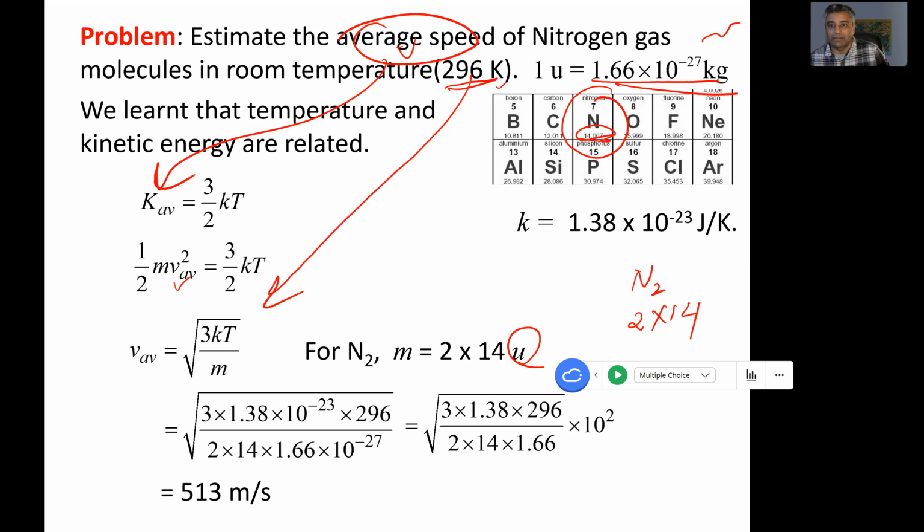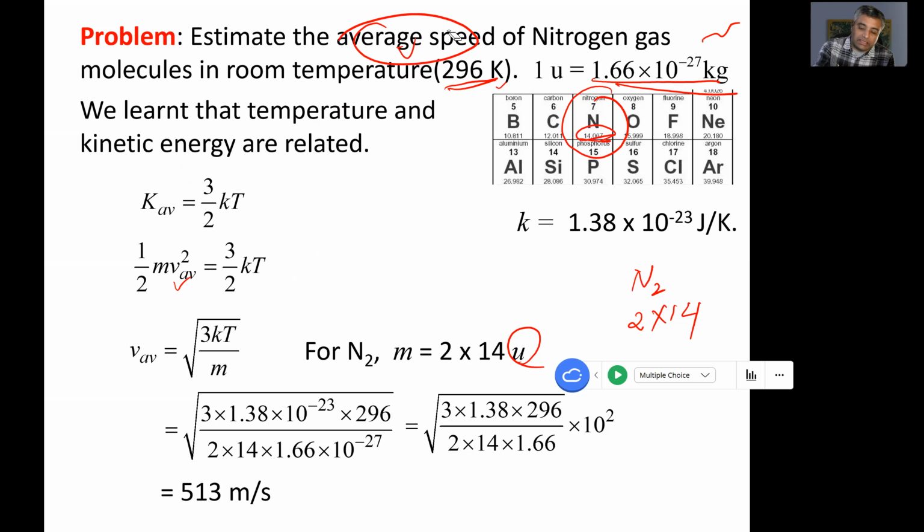That's how fast they are moving. Fortunately, they have really small mass. Because of that, they are not killing us, okay? Otherwise, we would all be dead if those were larger mass. But of course, if they were larger mass, they wouldn't be moving that fast either. So anyway, we would be fine, I think, okay? So that's how we use this formula.